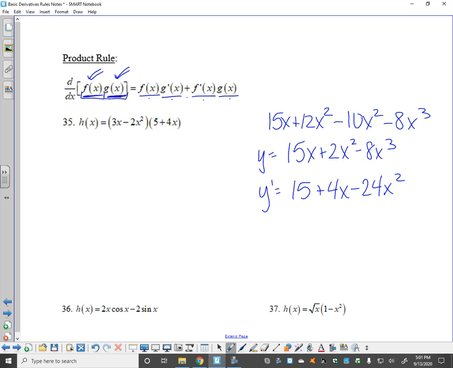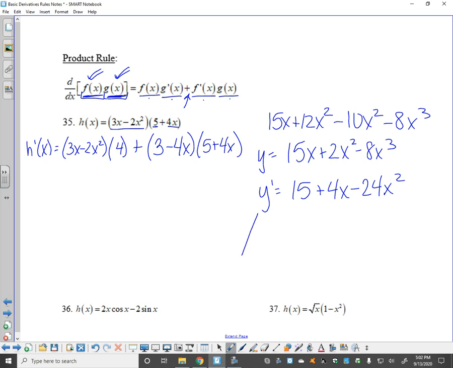Okay. But now I'm going to do it using the product rule. So here I go. H prime of x equals, okay, leave it, take the derivative. Well, he would go to 0, and he's going to a 4. Plus, I'm right here, derivative, that would be 3 minus 4x, leave it. Okay, now technically you're done. You've just taken the derivative. But if it's multiple choice, guys, odds are it's going to look like him.